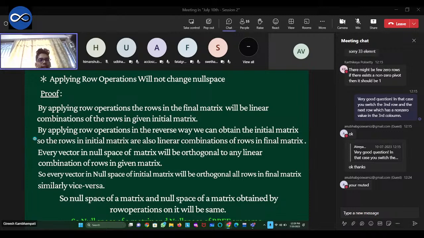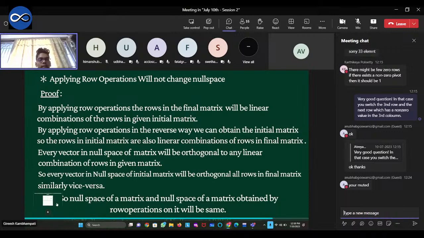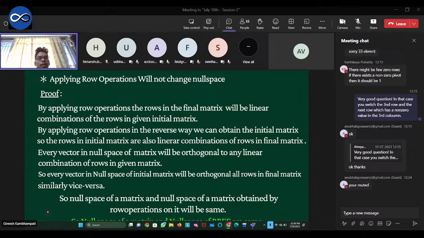As x bar is in the null space of A, it is perpendicular to every row of A, and also to linear combinations of the rows of A. The rows of A1, obtained by applying row operations, are linear combinations of the rows in A. So the vector x bar in the null space of A will be orthogonal to every row in A1 also, which is obtained by row operations.